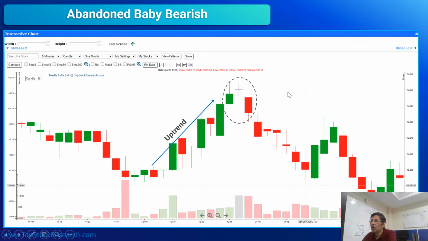Next day, if it opens below this level, there's a gap down, then you should be watching. And if you are an aggressive trader, right? So if this was in the watch list, and if you have put a price alert below this level or around this level, then you should be shorting at this point.